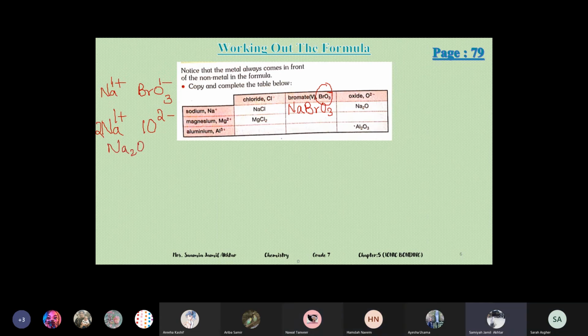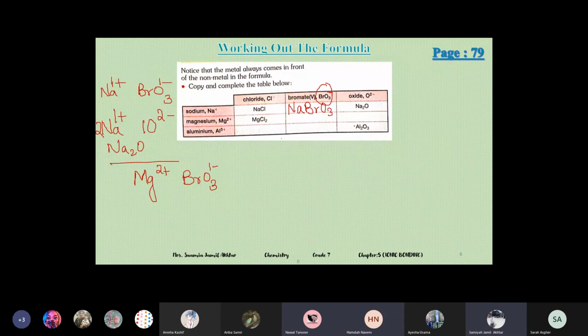Next is magnesium bromate. Magnesium is 2 plus and bromate BrO3 is 1 minus. So add 1 with magnesium and 2 with bromate.